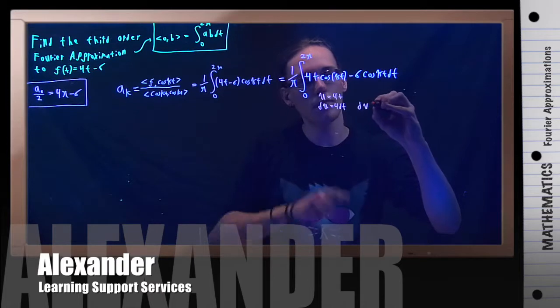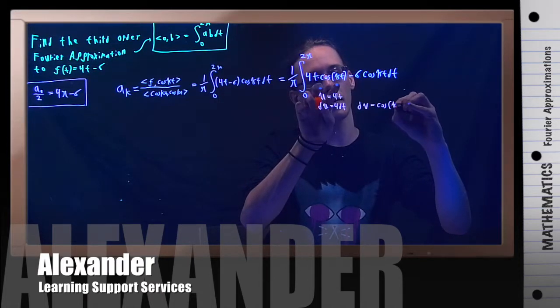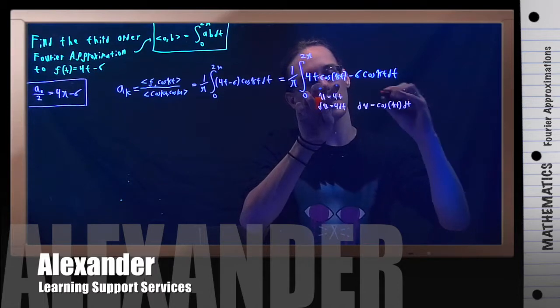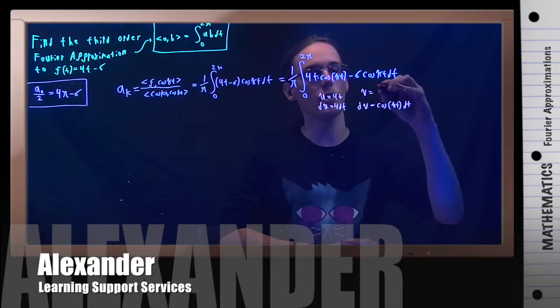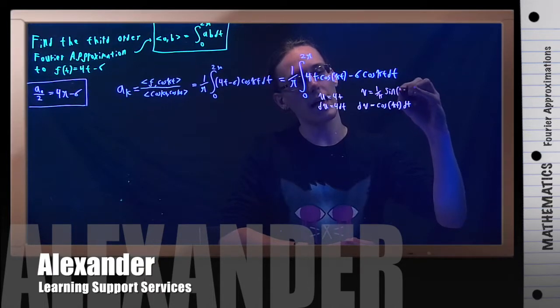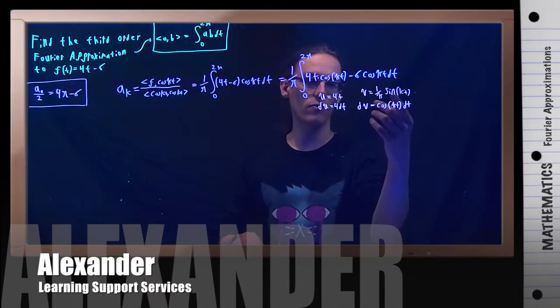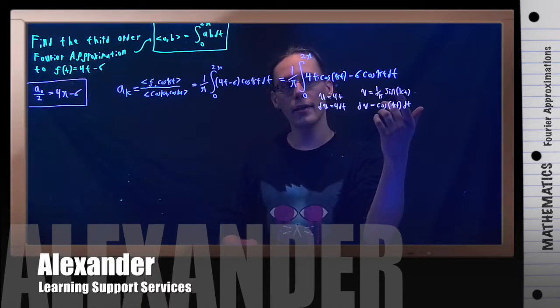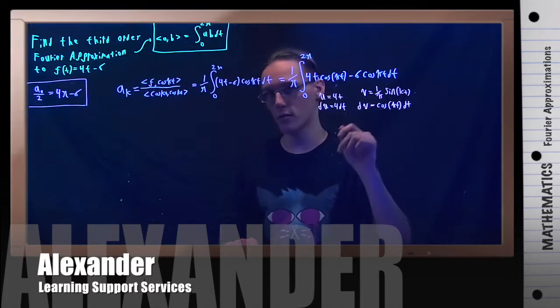My dv, for just this part here, is going to be cosine of kt times dt. So v is, well, the derivative of sine is positive cosine, so this is going to be 1 over k sine of kt. Notice, because if you did that derivative by the chain rule, you'd have the derivative of sine is cosine, and then the derivative of kt with respect to t is just k, so I need that 1 over k there to cancel that off.